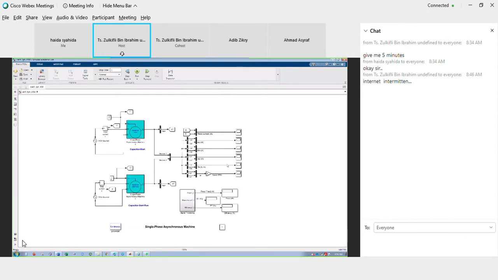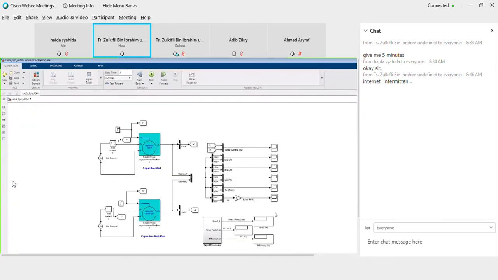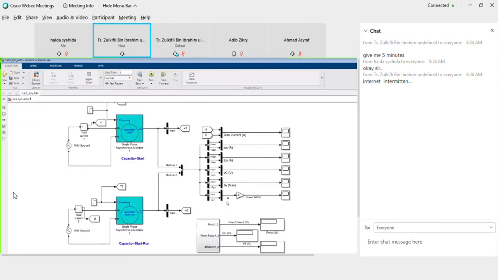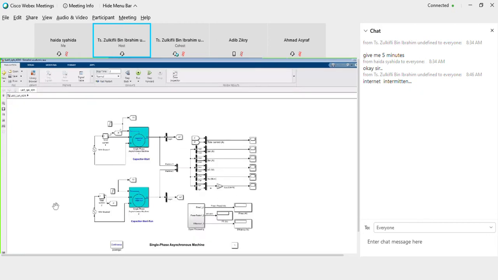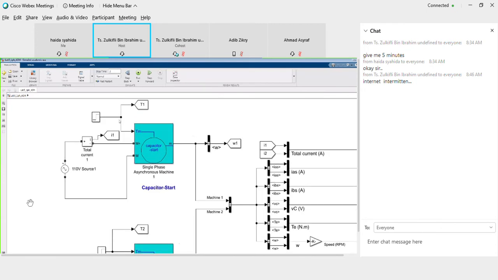Okay, this is the file in MATLAB, the one that you will be using in this lab. Alright, so first, you have your single phase asynchronous machine for the capacitor start.